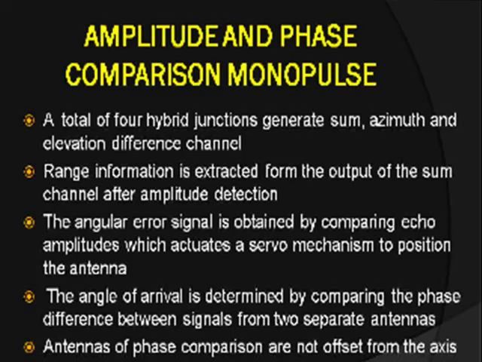The angular error signal is obtained by comparing echo amplitudes, which actuates a servo mechanism to position the antenna. The angle of arrival is determined by comparing the phase difference between signals from the 2 separate antennas. Antennas of phase comparison are not offset from the axis.